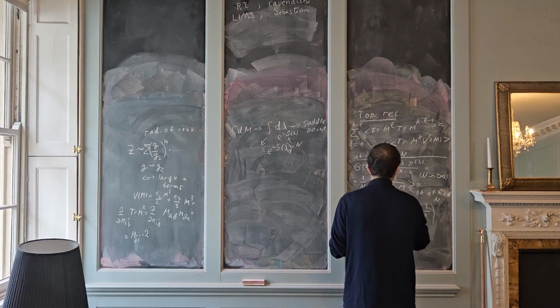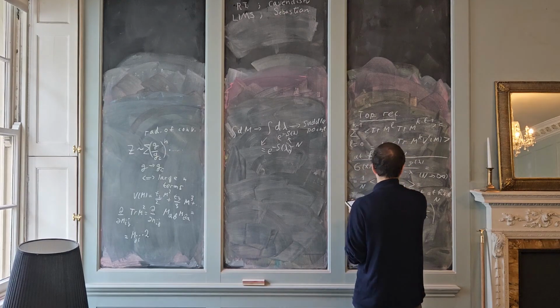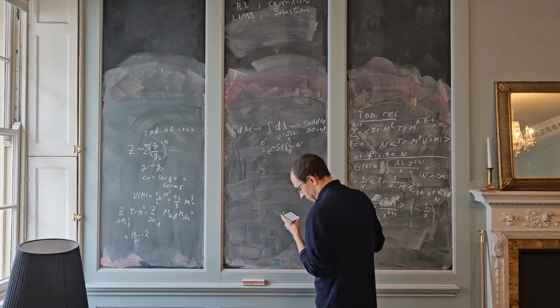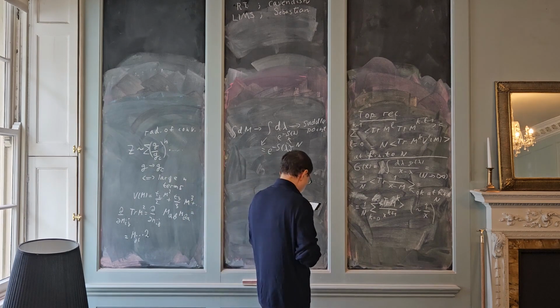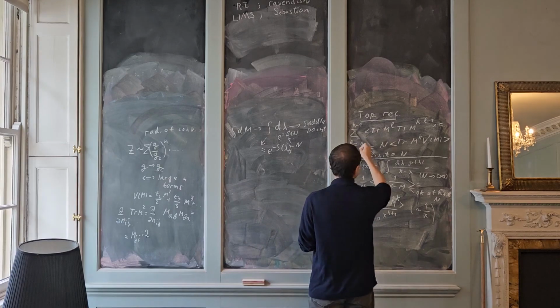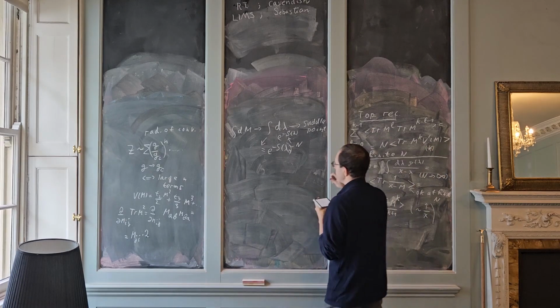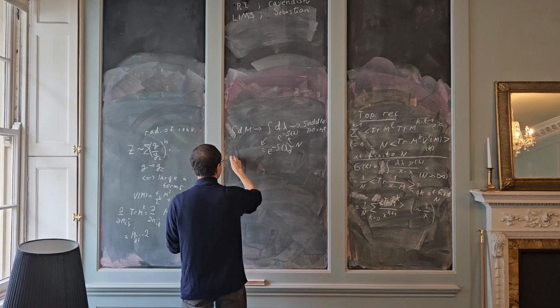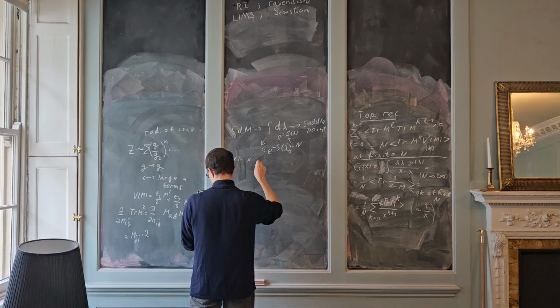So let's try to rewrite our equation in terms which are friendly to the large n limit. First of all, we take this equation and multiply it by x to the power minus k minus 1.